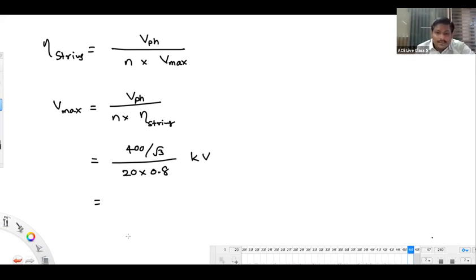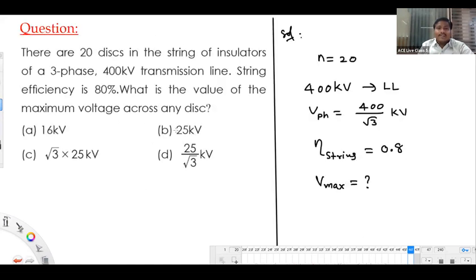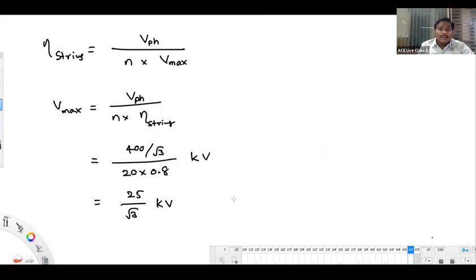How much is that? You may get 25 by root 3. You do the calculation according to the options given, so 25 by root 3 is the correct answer. The correct answer is D. Maximum voltage across any disc is 25 kV by root 3.